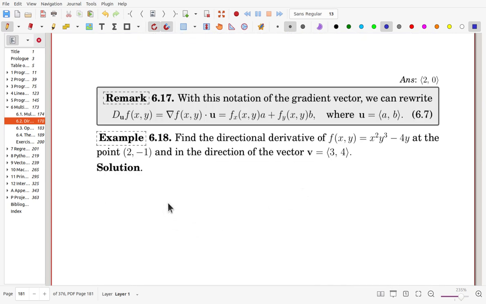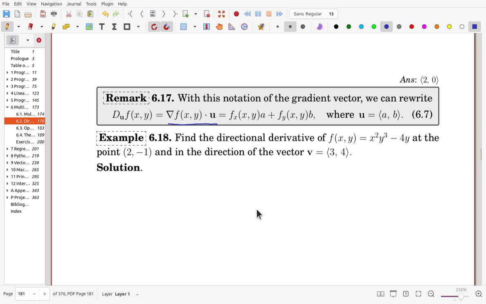With this notation of the gradient vector, we can rewrite the directional derivative D_u f, which is the same as the gradient of f dot u. Right? So we'll use this one a lot for the directional derivative. We consider this one most frequently.